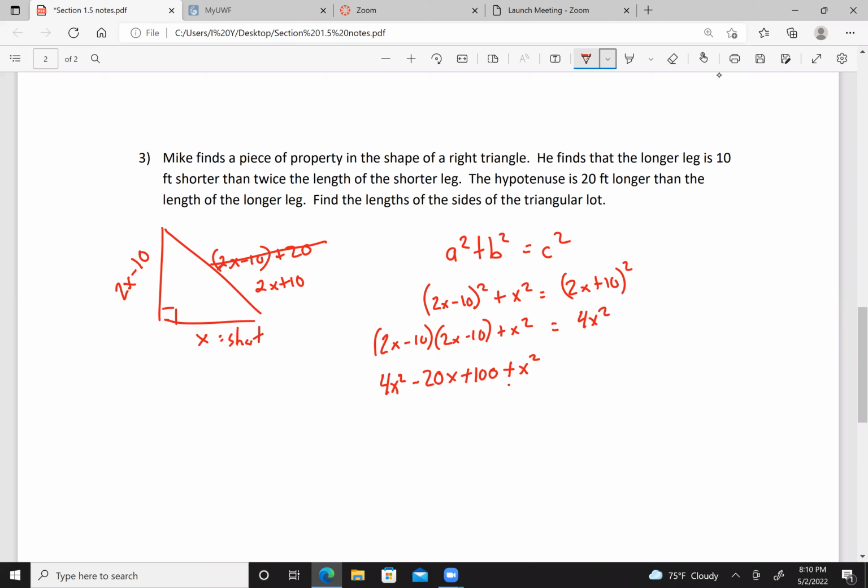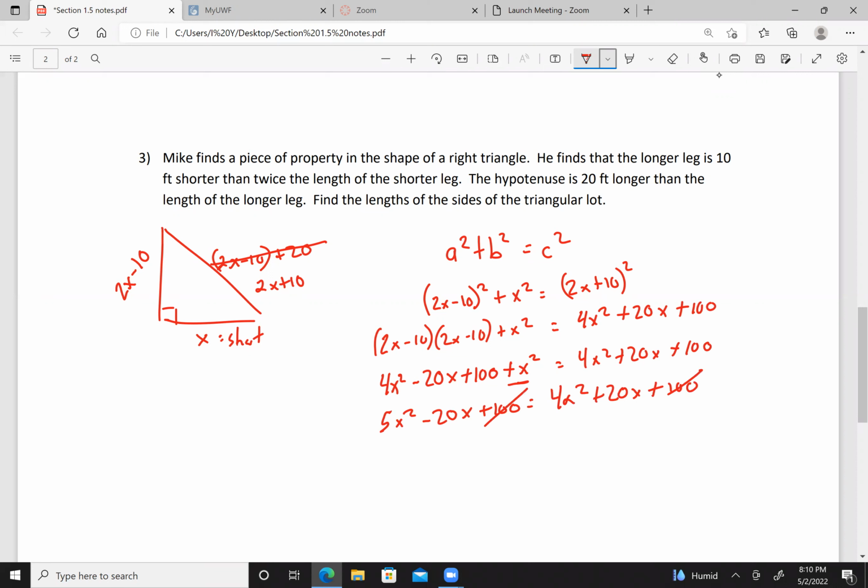I had this as minus 20x, but it should be minus 40x plus 100. So go ahead and bring this back down. So we add and we get 5x squared minus 40x plus 100 equals 4x squared plus 40x plus 100.